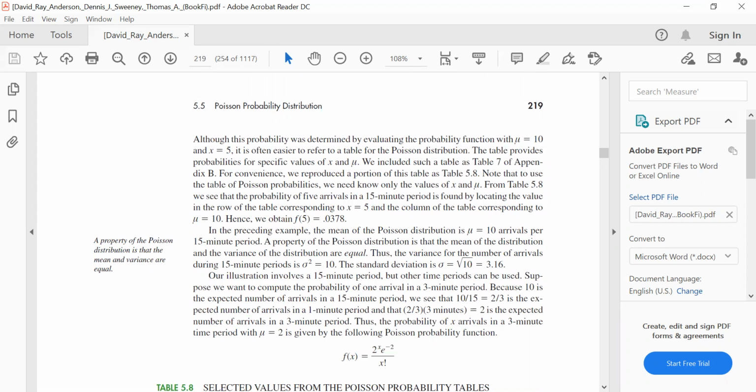Although this probability was determined by evaluating the probability function with mu is equal to 10 and x is equal to 5, it is often easier to refer to a table for the Poisson distribution.